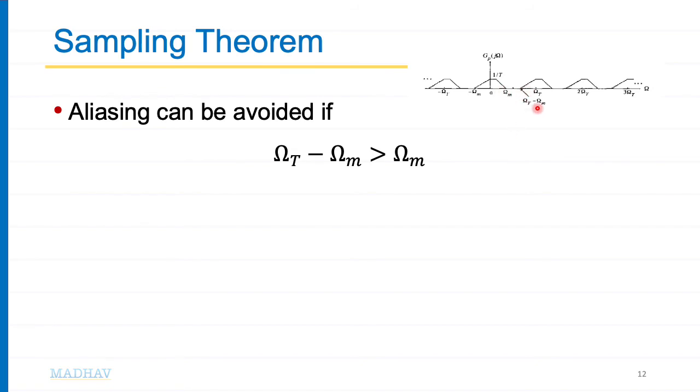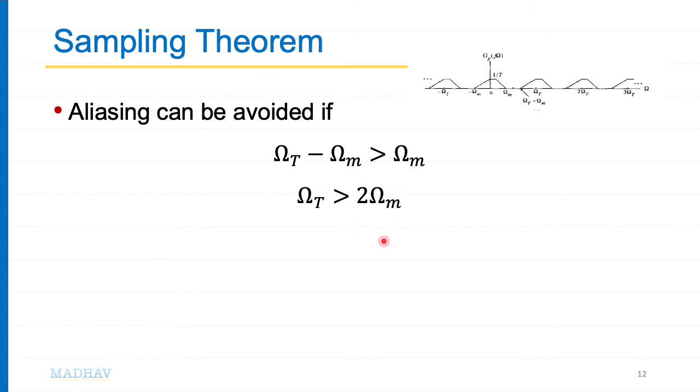Very obvious. So if this condition is satisfied, then there is no aliasing. And rearranging the thing, you get that omega t, the sampling rate, should be more than twice the maximum frequency present in your signal.